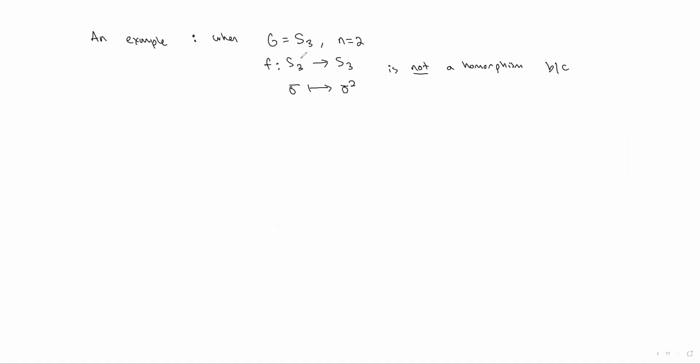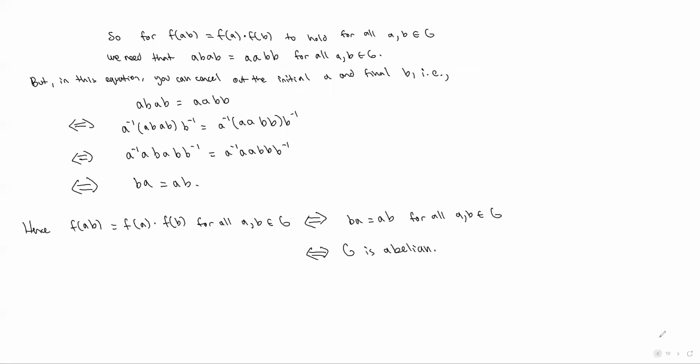But here's an example that gives us some confidence that our reasoning is correct. So sigma goes to sigma squared, and it's not a homomorphism because S3 is not abelian. What our reasoning showed is if you take any two elements A and B that don't commute, then f of AB equals f of A times f of B shouldn't hold.